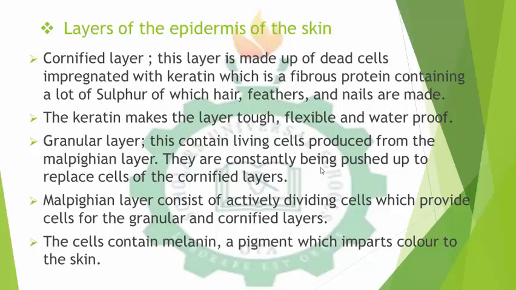So the cornified layer is very rich in keratin, and those are the hair, the feathers, the nails, the things you have outside the skin that are made from it.